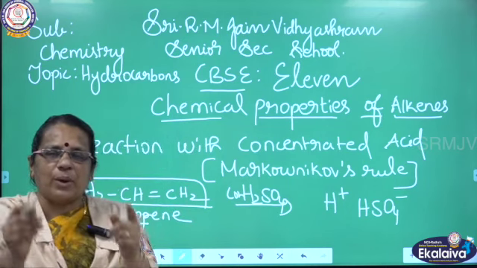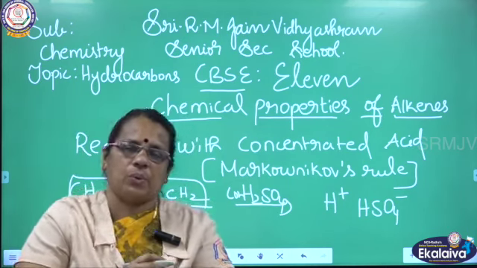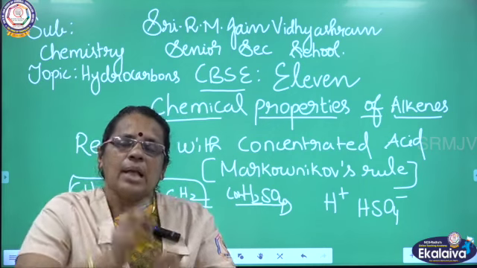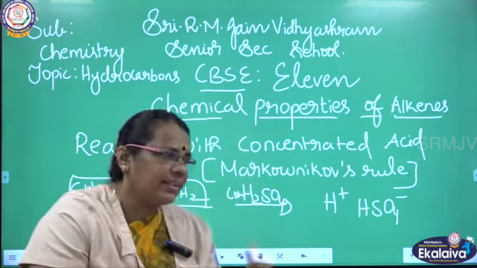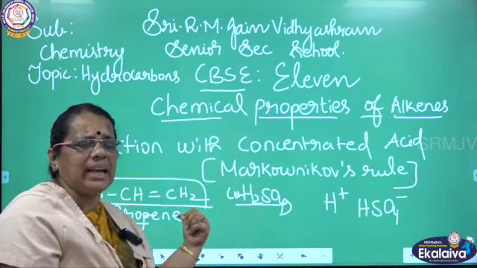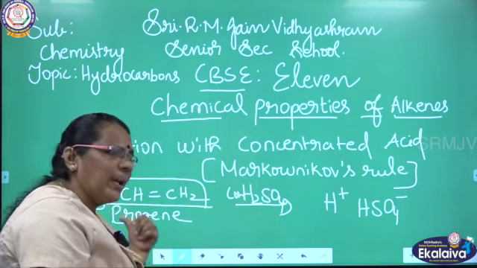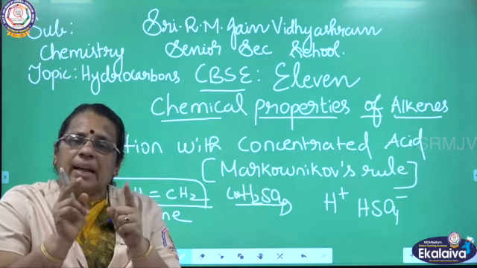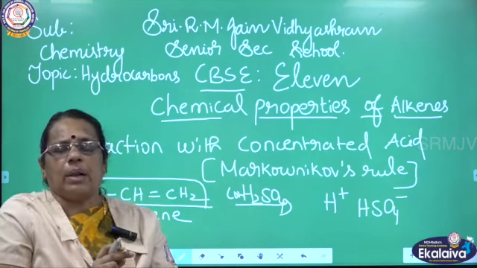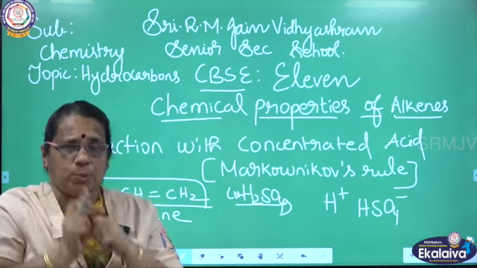Once again, we are going to talk about Markovnikov's rule. What is Markovnikov's rule? Whenever hydrogen halides or any acid is added to an unsymmetrical alkene. Propene is an unsymmetrical alkene, because on both sides of the double bond there are different groups.